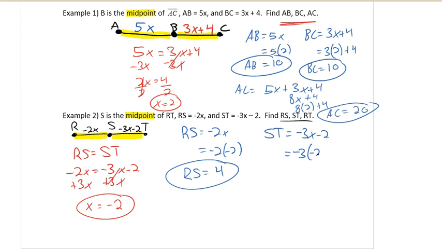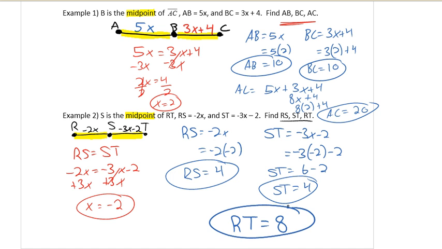Negative 3 times negative 2 minus 2. ST is in fact 4. Okay, and then again, we could go ahead and find out what negative 2x plus negative 3x minus 2 is equal to when we plug in negative 2, or we should also again know that RT is 8.